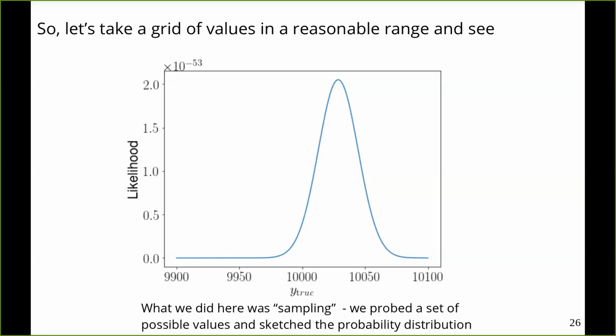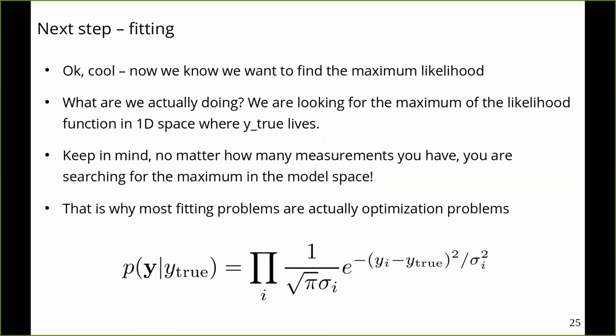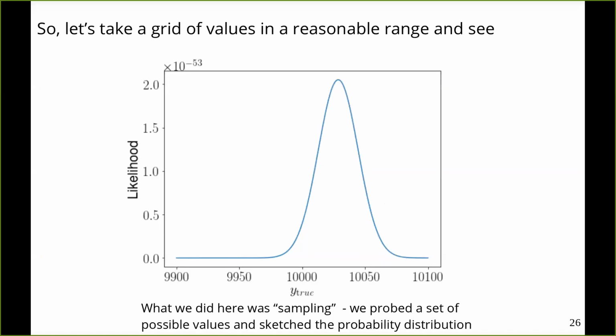Obviously, the width of this probability depends on the width of my uncertainties, sigma, and here I used uncertainties roughly equal to 100. It's very flat because this is a very simple model, so we have a very simple solution. But this doesn't always have to look like this.